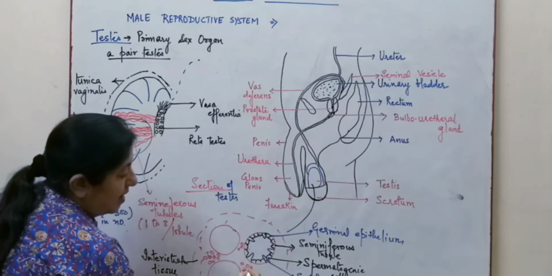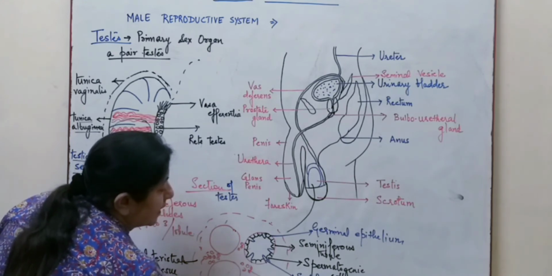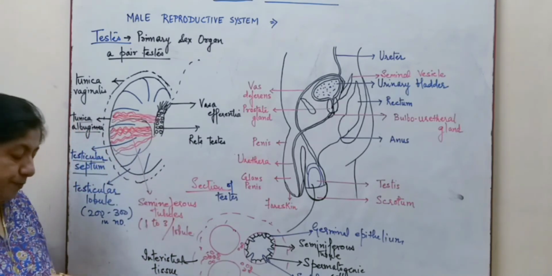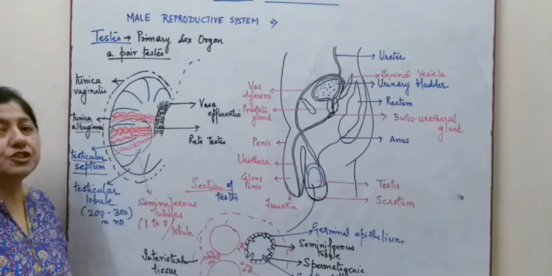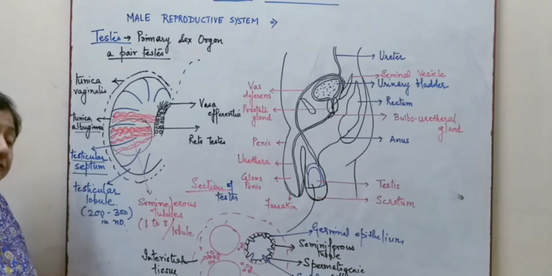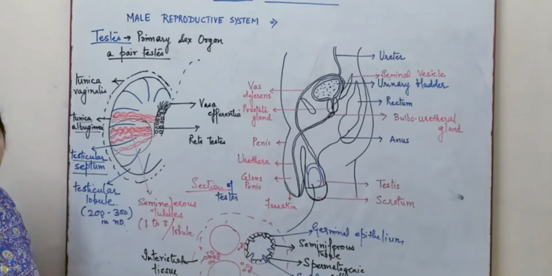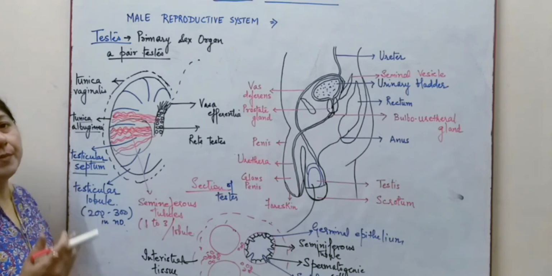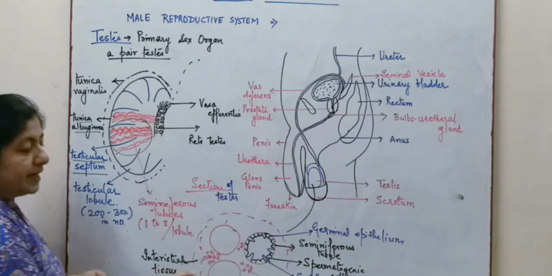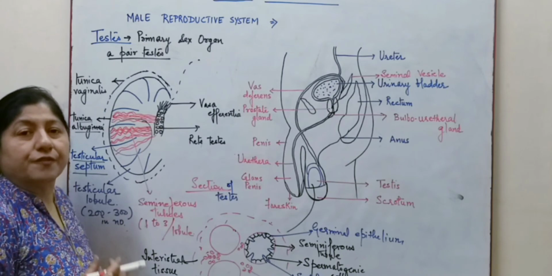These cells are known as Leydig cells, and these Leydig cells are responsible for the production of hormones, which is androgen, or the male sex hormone testosterone, which helps in the development of the sperm, and also during puberty it helps in the development of secondary sexual characters. So the Leydig cells are responsible for the release of androgens.